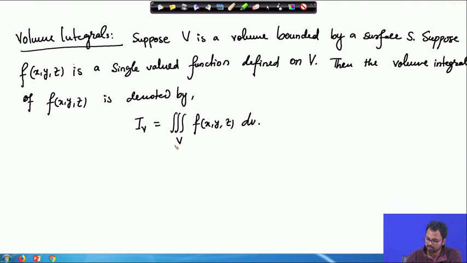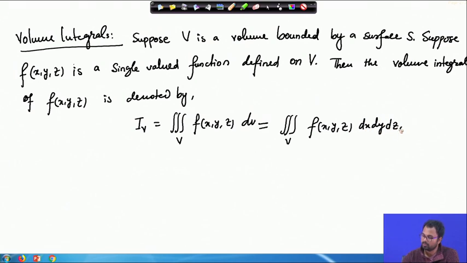If we divide this V into sub volumes, then on one of those sub volumes we can take the length, breadth and height as dx, dy and dz. That is the volume element. So, this can be written as the integral over the volume V of f(x, y, z) dx dy dz, that is our dV.